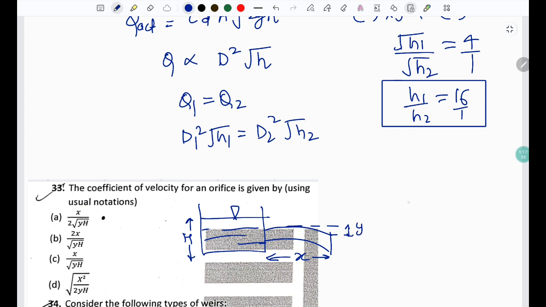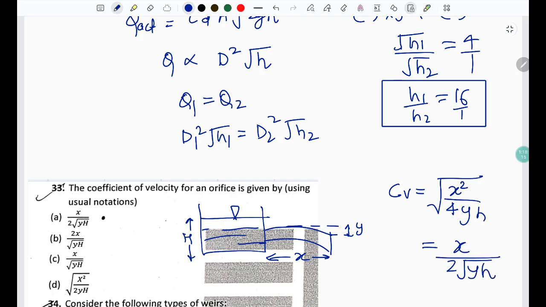Then the coefficient of velocity is given by Cv equals root under x square by 4yh, which amounts to x by 2 root yh. Hence, A is the correct answer.